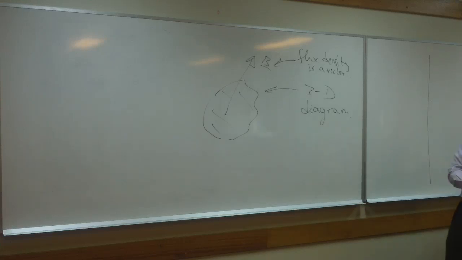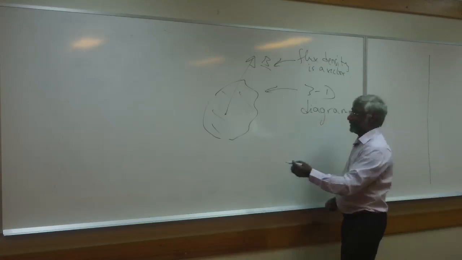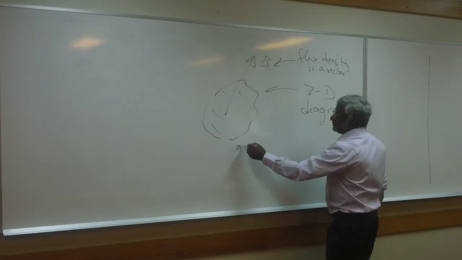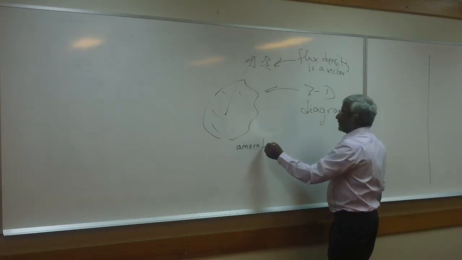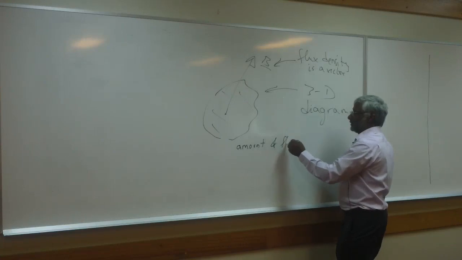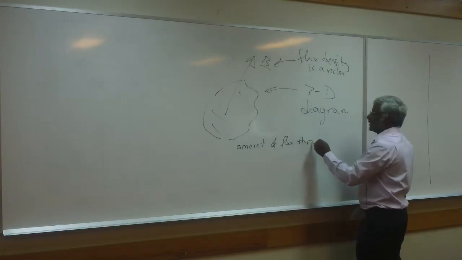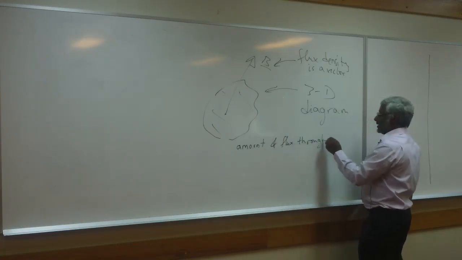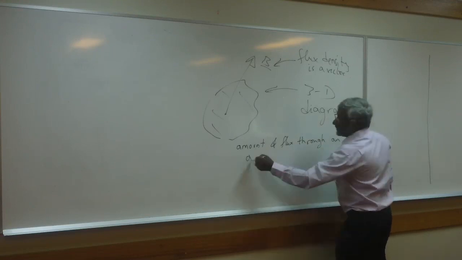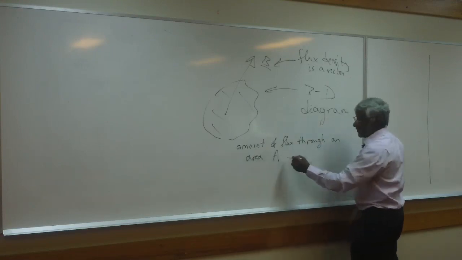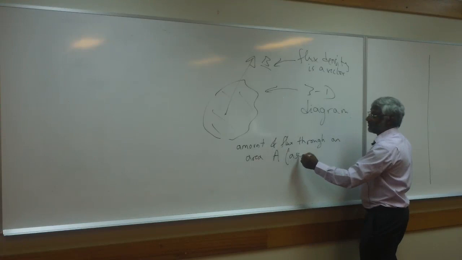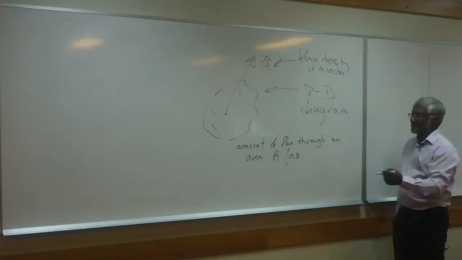So we say the amount of flux through an area A, which we are assuming is flat here. I'll come to areas that are not flat in a minute.